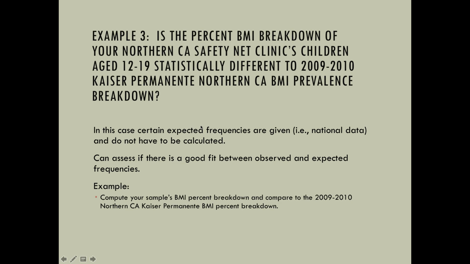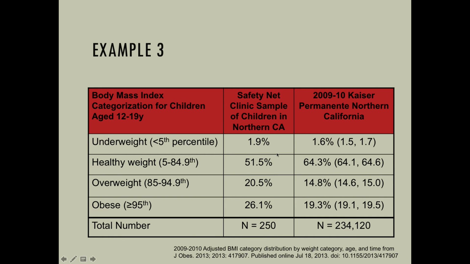So in this case, we know the expected frequencies because we're comparing them to this national standard. So we don't have to calculate them. So now we can see if there's a fit between our data from our clinic and compare it to that national standard. So we're not going to actually do this, but let's just say this is what you came out with.